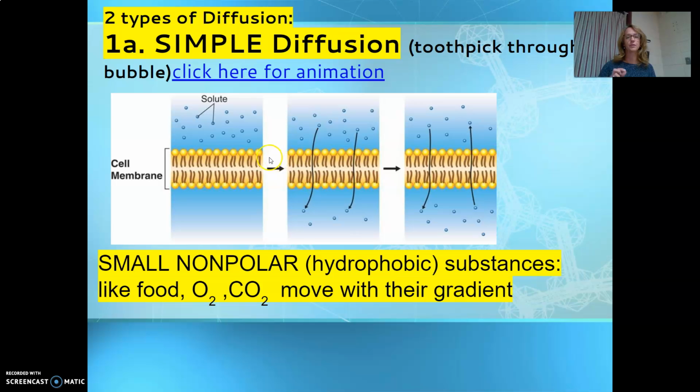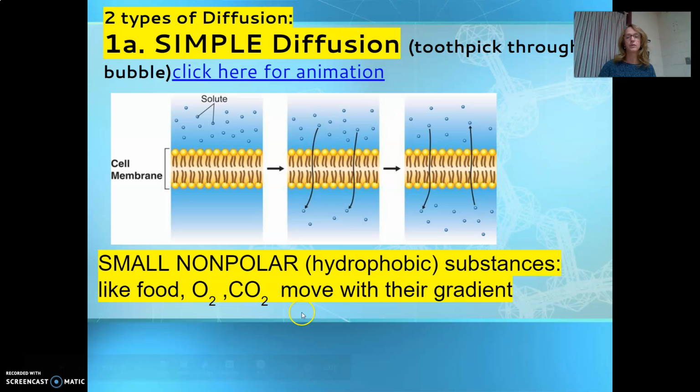This only works for small items or if they are non-polar. They have to match this lipid membrane. Remember, these fatty tails don't like water. Water is charged, water is polar. So polar items or anything with a charge will not get through the membrane.